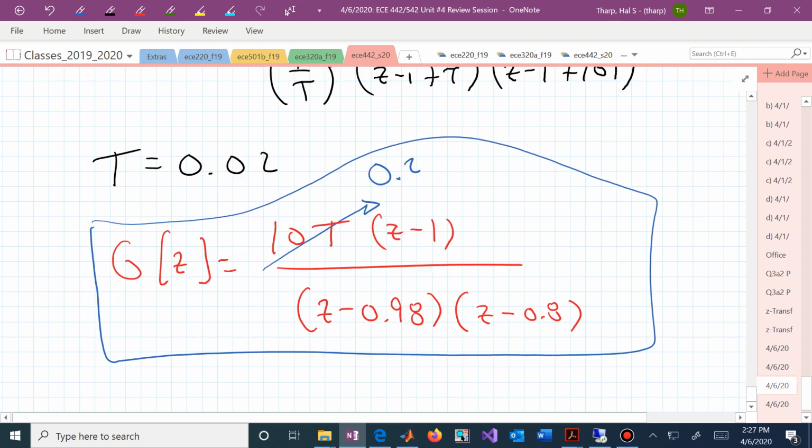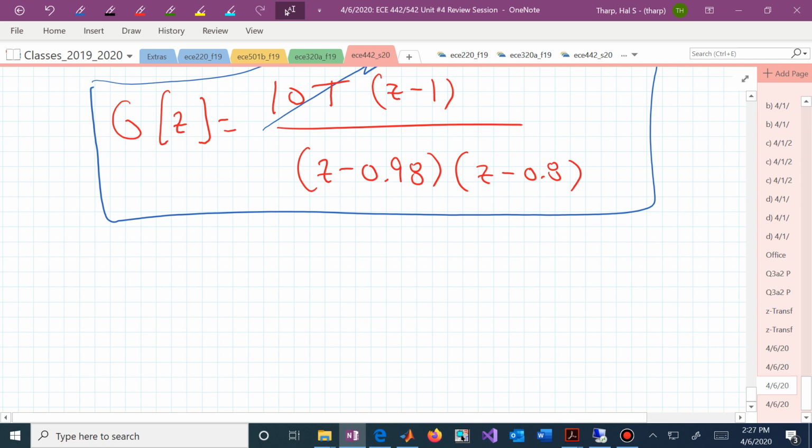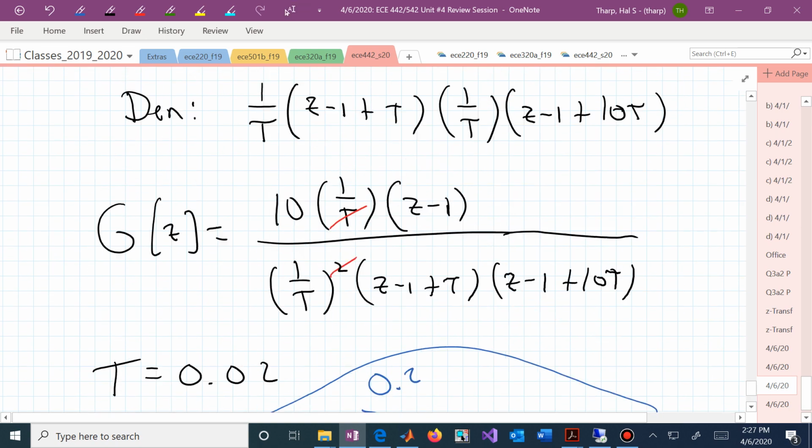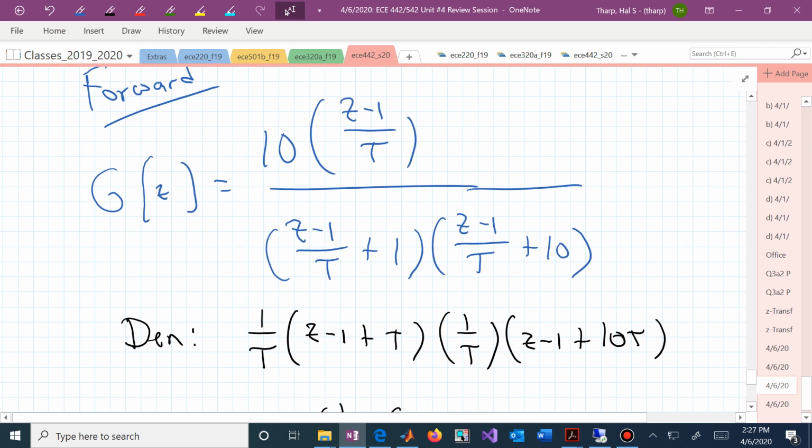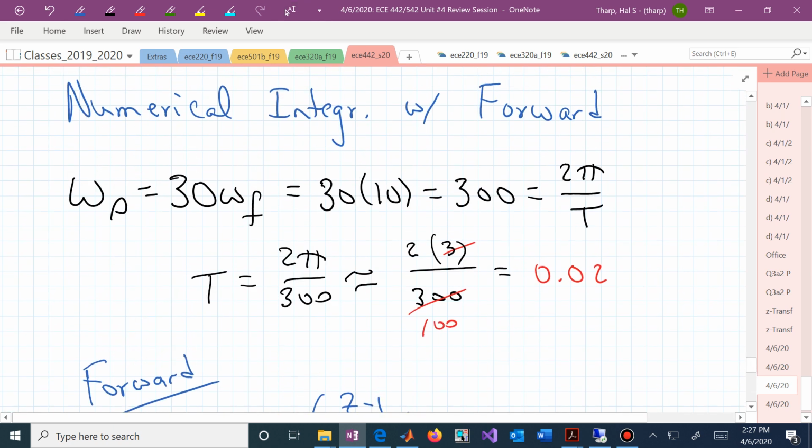We now have found a zero order hold equivalent using the forward numerical integration strategy for a bandpass filter. And you could, if somebody now said, oh, and that maybe wasn't what it should be.